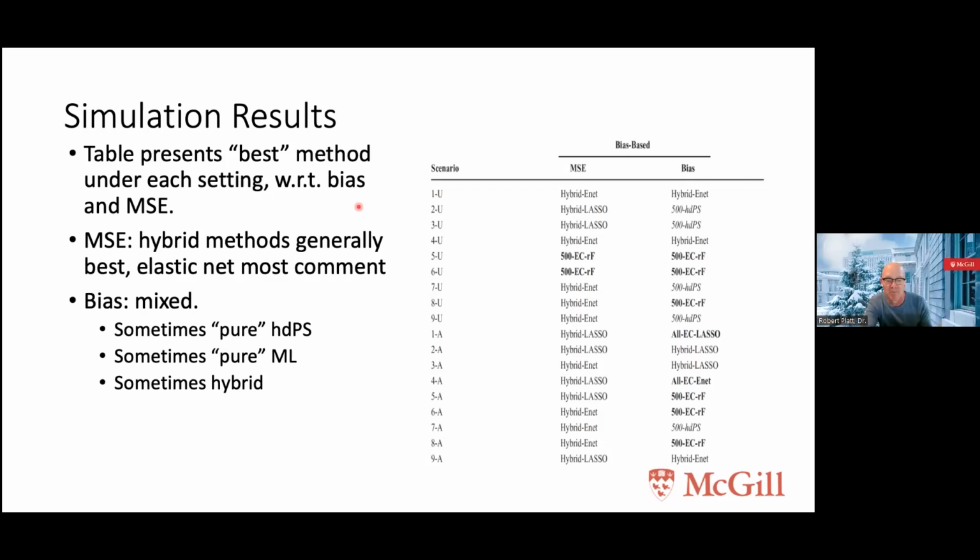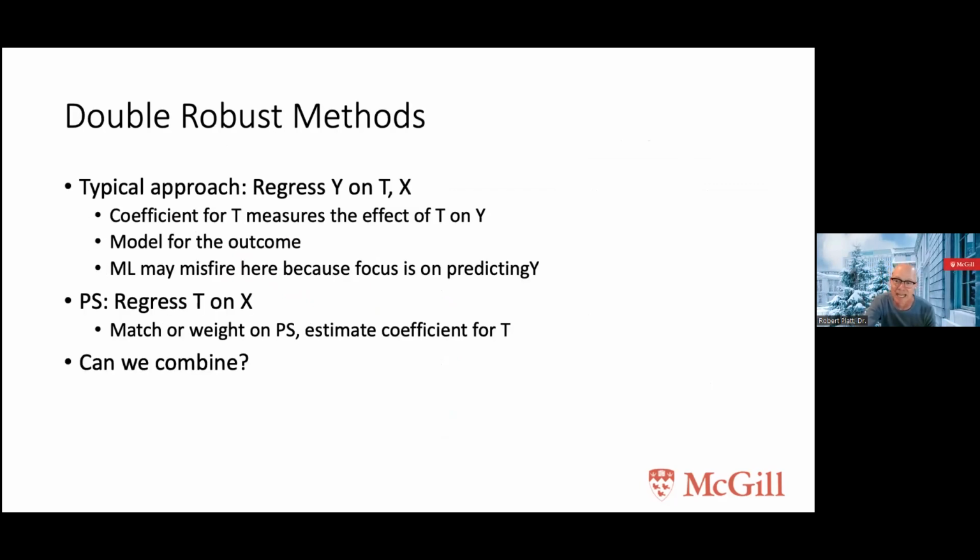That is, you can end up in a situation where you're asymptotically, that is in very large samples, introducing bias by fitting machine learning on the propensity score by itself. But what you can do then is something we refer to as double robust methods.